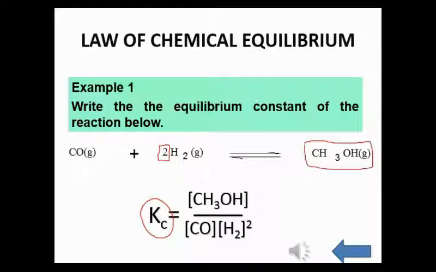So the equilibrium equation for this reaction is Kc equals the concentration of CH3OH over the concentration of CO times the concentration of H2 raised to the power of 2.